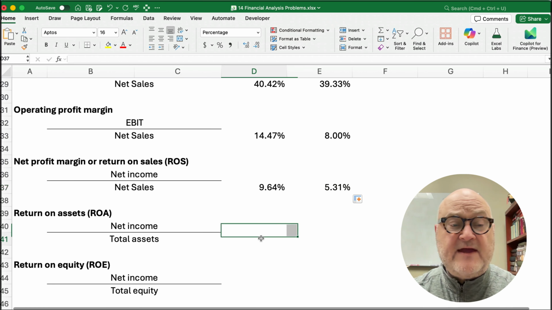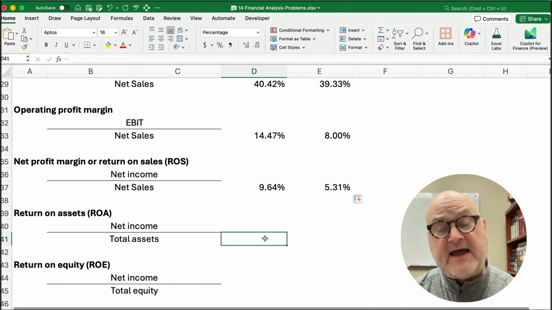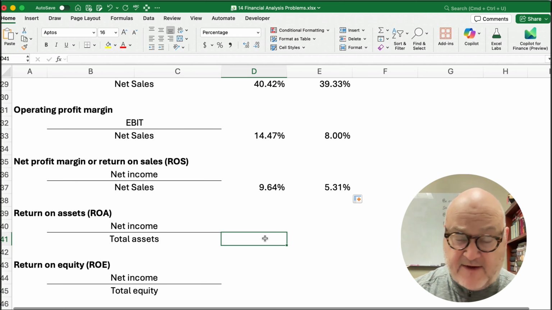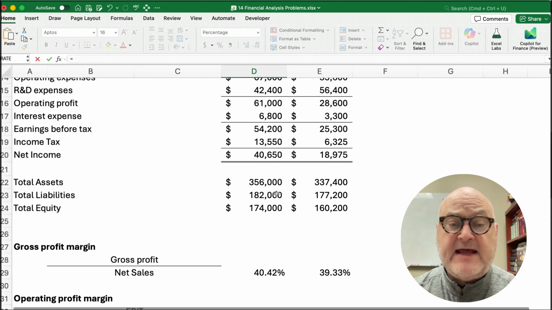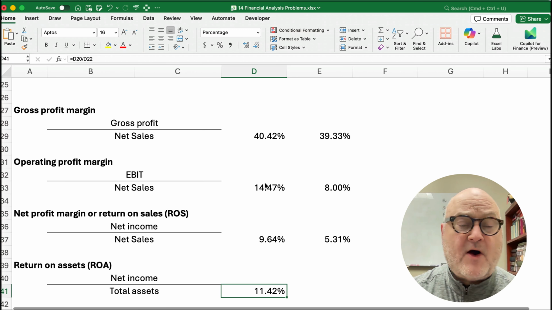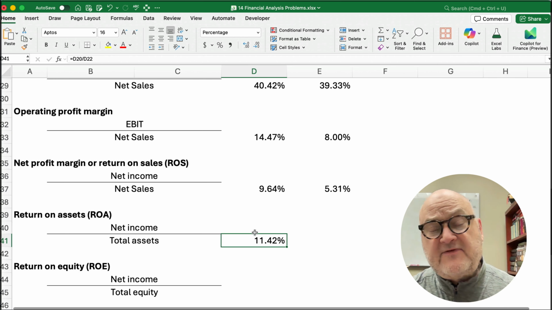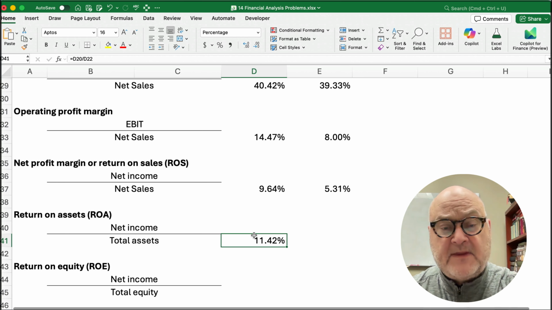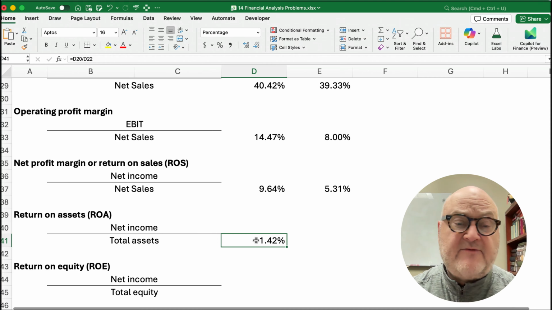Now we can do the same thing for return on assets. We might say, hey, we've invested all these assets. What kind of net income do we have based on those assets? So net income divided by the assets is going to be the return on assets, or ROA. And so that means for every dollar we've invested, we're making about 11.5% rate of return.